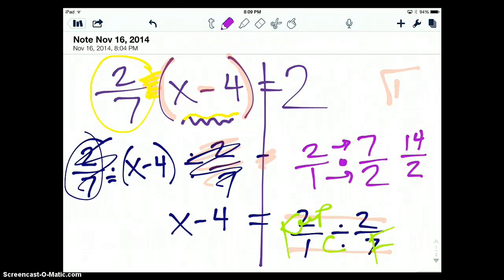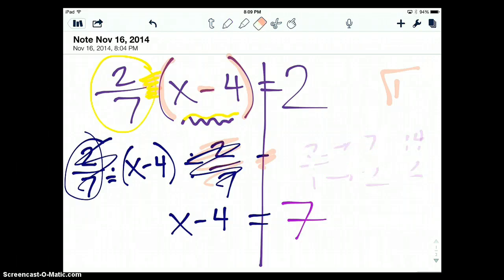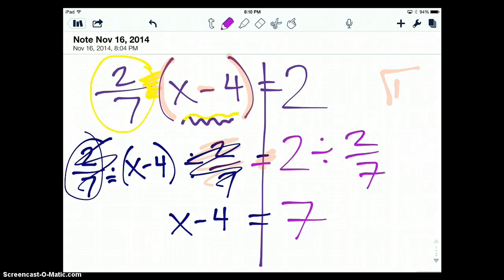When I divide that, 14 divided by 2 is 7. Well, that's pretty nice. So there we have it. So on both sides, we divided by 2/7, and when we did, 2 divided by 2/7 is 7.